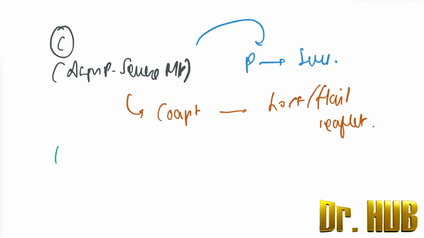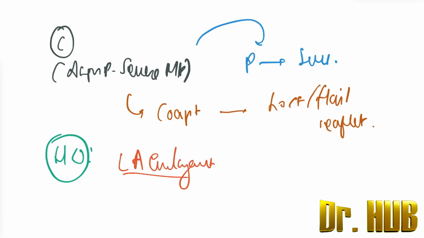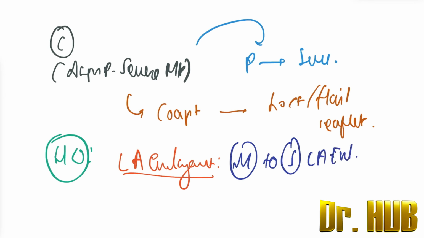Now let's look at the hemodynamic changes. There is left atrial enlargement, moderate to severe, with left ventricular enlargement, and pulmonary hypertension is present, positive or negative at rest.